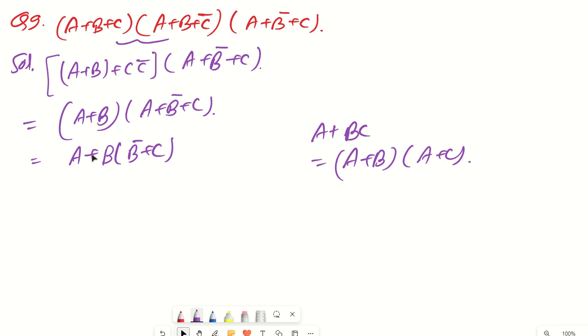So this is how we are going to get this complete term, right? Now if you expand them, then what we are going to get? a plus b b bar plus bc, and b b bar is 0, so we can write it down as a plus bc. So the complete solution for this expression is this one.